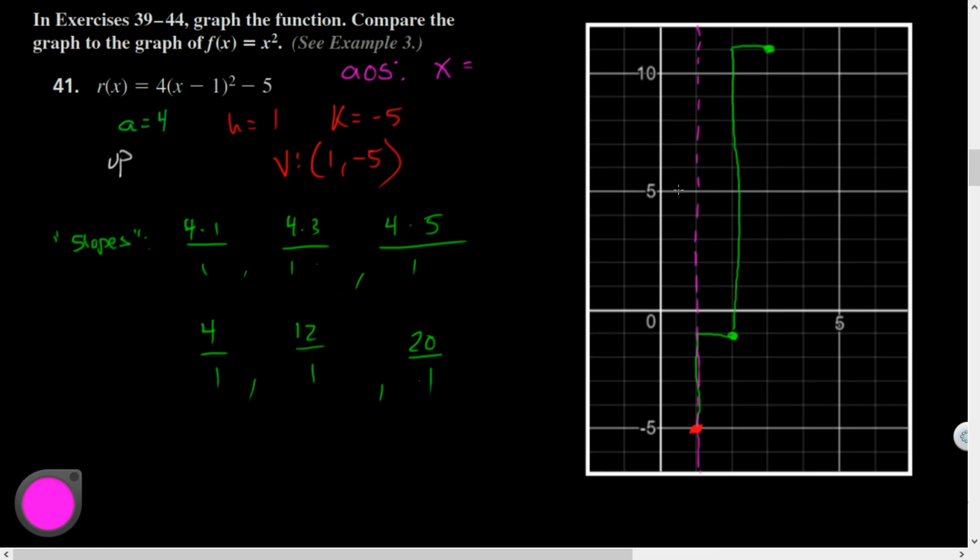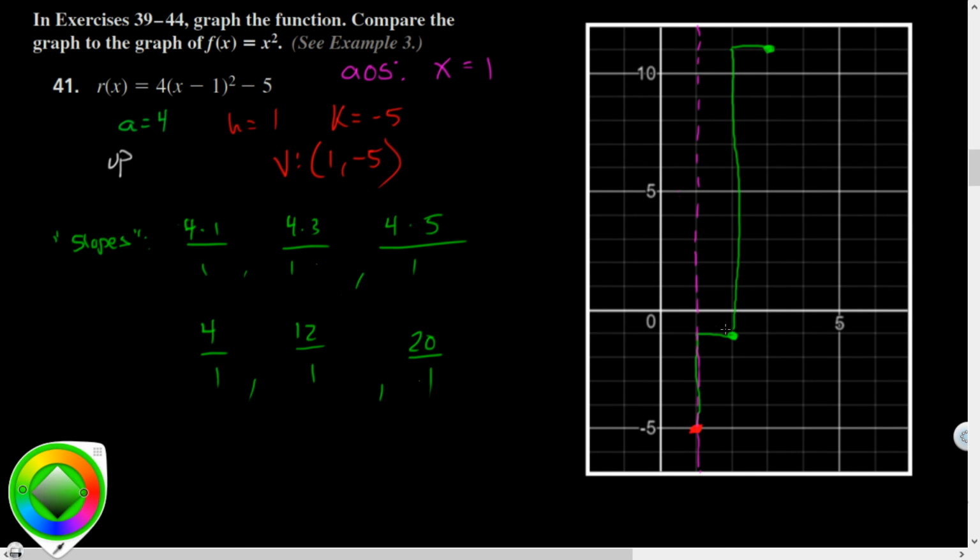Where do I pull the axis of symmetry from, guys? All right, someone else help him out. Tag team. Yeah, it's going to be the H, so it's going to be x equals 1. So it's the x coordinate of the vertex. No worries.